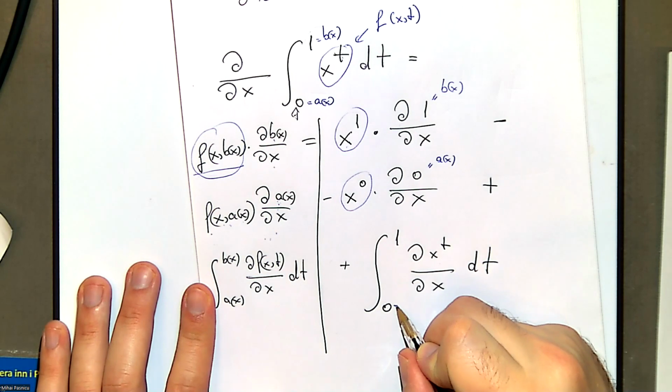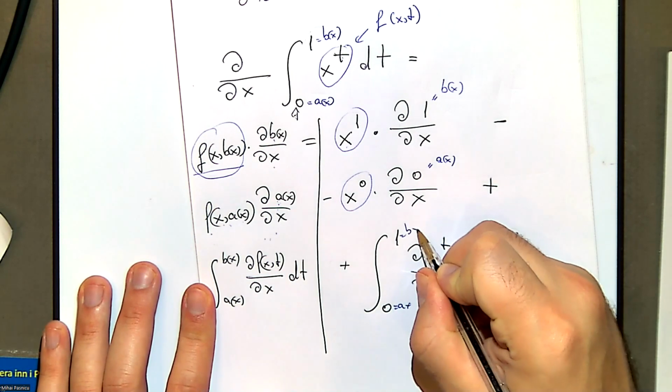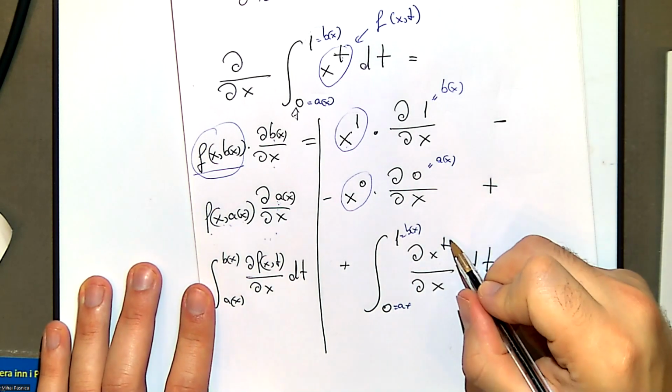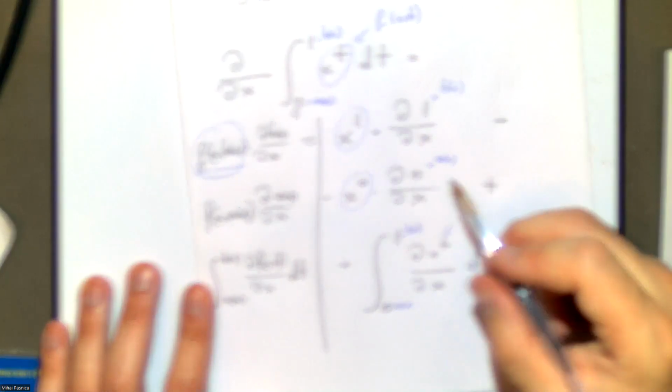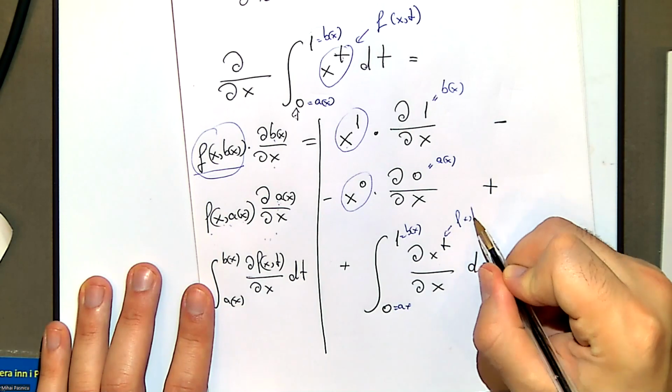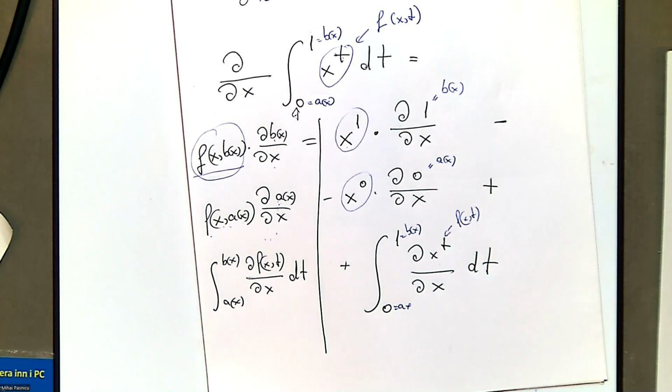Again, this is just a of x, this is b of x, and this thing over here is just f of x, t. When you skip the line, it's common to keep the same sign, just so you remind yourself what it is. Any questions on what I replaced here, or did it make sense?